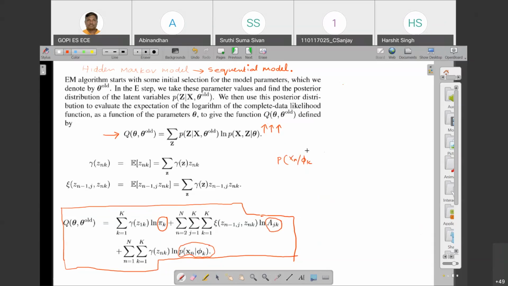It means that Xn is getting generated with the kth state, which is actually described by the Gaussian density function, described by the parameters mu k and sigma k, the mean vector and covariance matrix that is occupied in this.